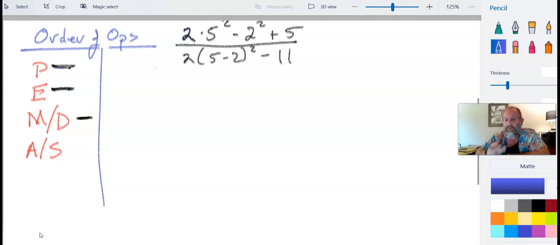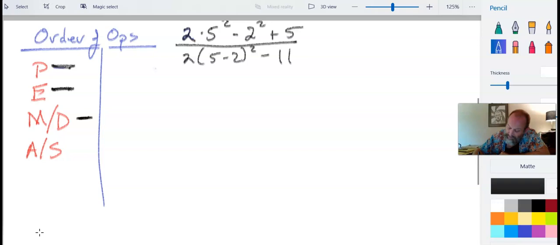So I walk through both the numerator and the denominator simultaneously, and we'll do one step on each as we go. So parentheses. In the numerator, I have no parentheses. Exponents. Okay, I do have exponents, and they don't have any other operations inside of them. So that means I can compute both of my exponents here.